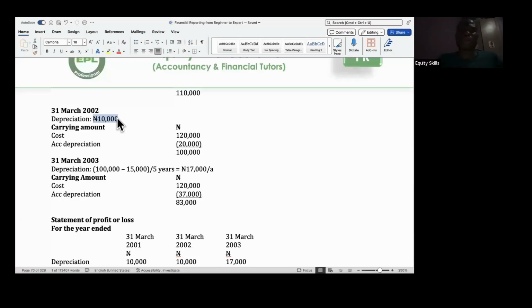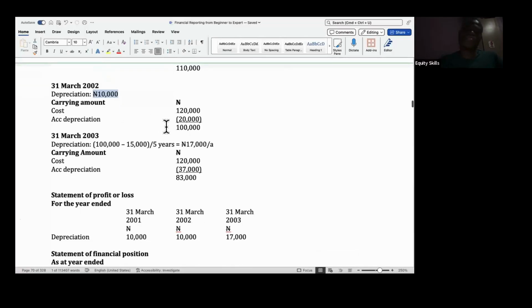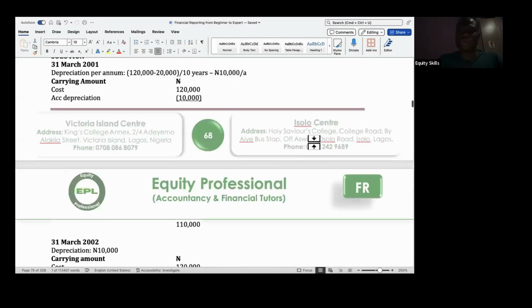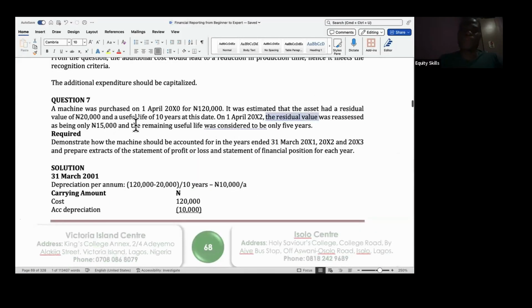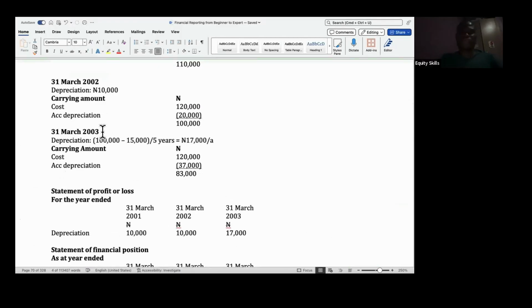Okay. And of course, since you have charged 10,000 year one, 10,000 year two, that means at the end of year two, our carrying amount is now 100,000, because cost minus accumulated depreciation is 100,000. Now, the next day, that was when these changes happened. When they changed the residual value, they changed the useful life. So from that date going forward, depreciation calculation will change.